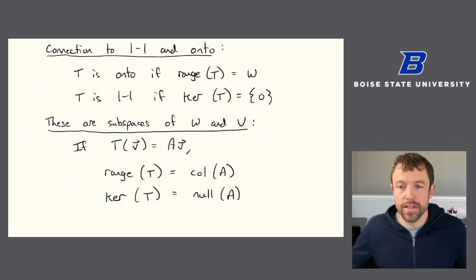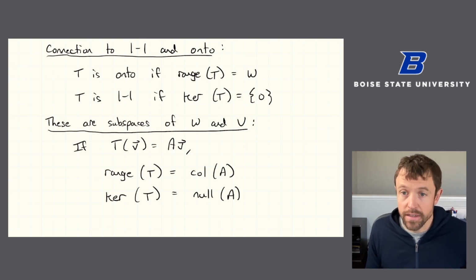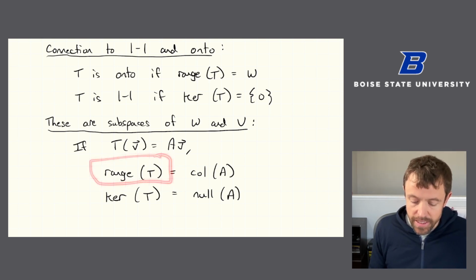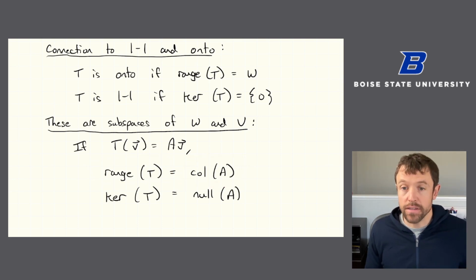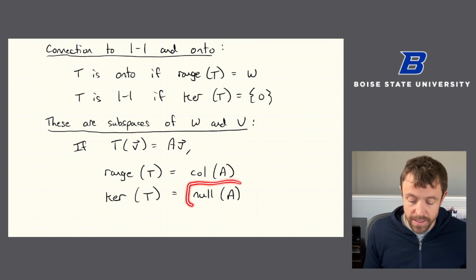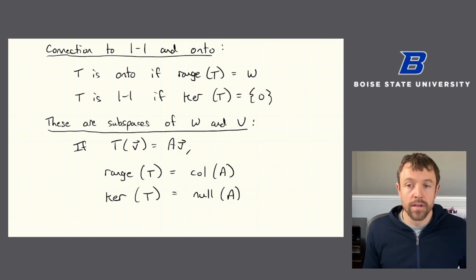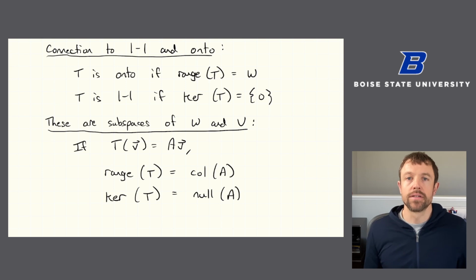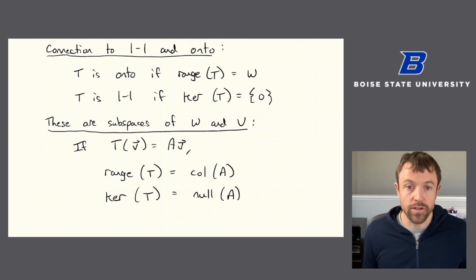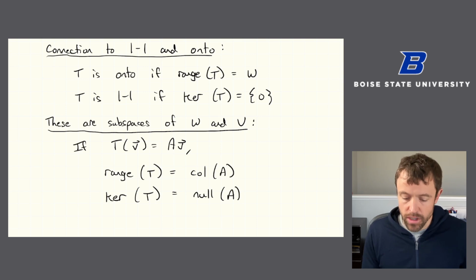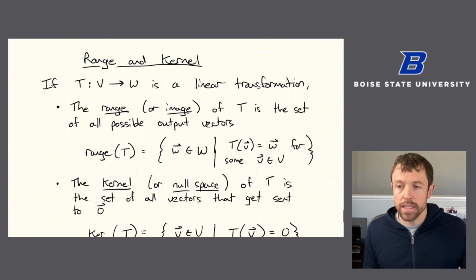So if we have our linear transformation written as matrix multiplication, so T of V is A times V, then the range of our transformation T is the column space of the matrix, and the kernel of the linear transformation T is the null space of the matrix. So all of that stuff we talked about with column space, null space, row space, all of a sudden it shows up as having a really nice connection to linear transformations and one-to-one, onto, and bijective linear transformations. So this has all been abstract, in the sense that we're talking about arbitrary linear transformations. Let's go back to our example.